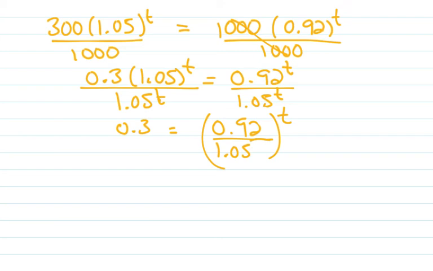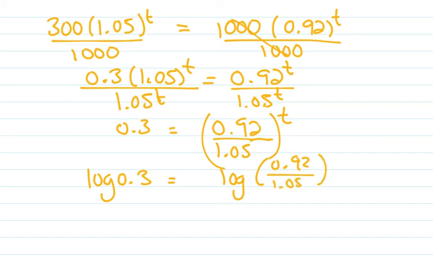So now I'm going to take the logarithm of both sides. Log 0.3 equals log 0.92 over 1.05, all to the power of t, but remember that log allows me to bring that t down to the front. And now to isolate t, I'll divide both sides by log 0.92 divided by 1.05.